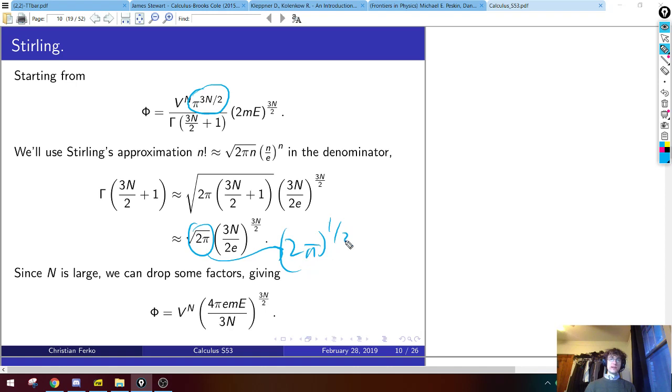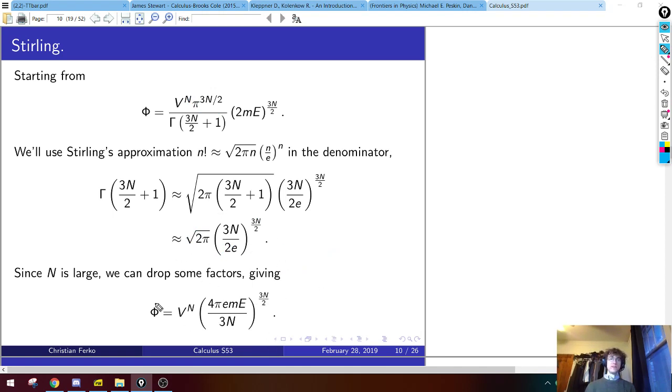So this factor of pi to the 1/2 is going to combine with this and give us a factor of pi raised to like 3n over 2 plus 1/2, but 3n over 2 plus 1/2 is almost the same as 3n over 2. So you might as well just not even include it. Same thing with this factor of 2. This is a factor of 2 to a huge power, so I'm going to drop this factor of 2 to the 1/2. So whenever you have big numbers, you just mercilessly kill anything that's not big.